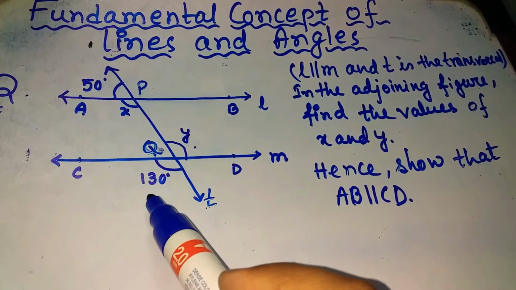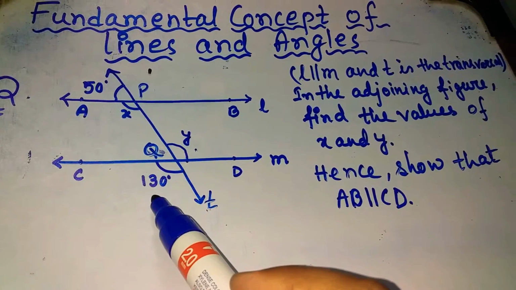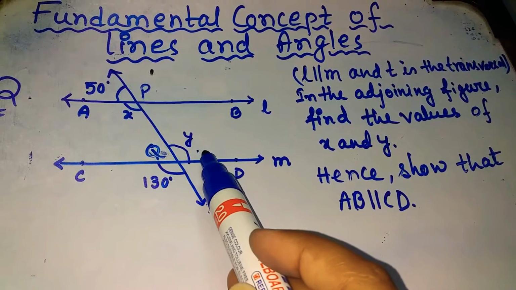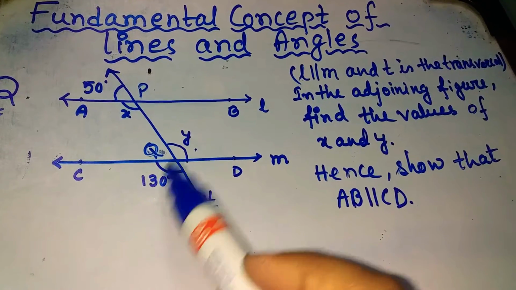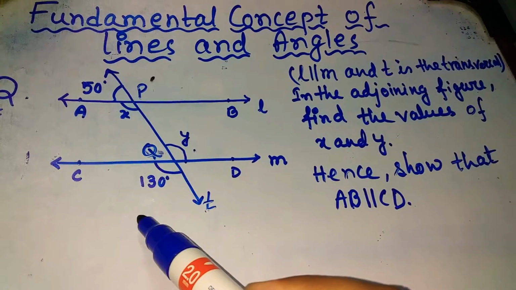For that, if this is 130 degrees, y will also be 130 degrees because they are both vertically opposite angles, right?